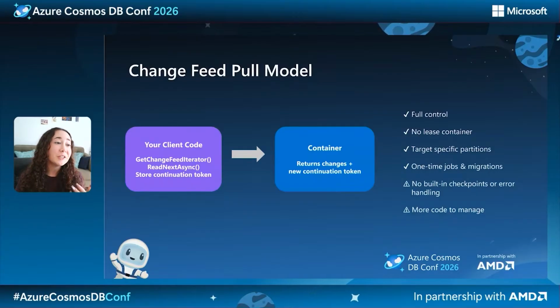There's no built-in retries. You need to handle all of that in your client code. So while it does give you full control, it's also more code to manage. One additional benefit of the pull model: say you wanted to only process changes for a specific partition range. This is possible in the pull model because, again, you have full control over what is actually being pulled.